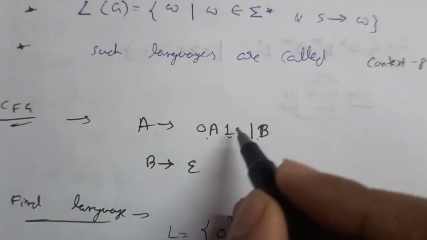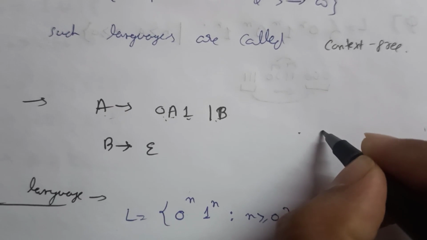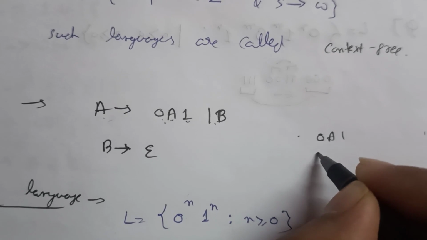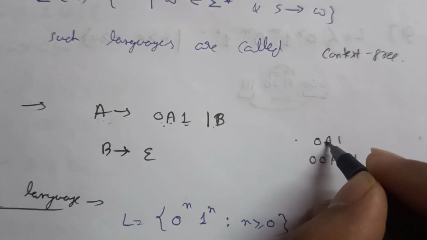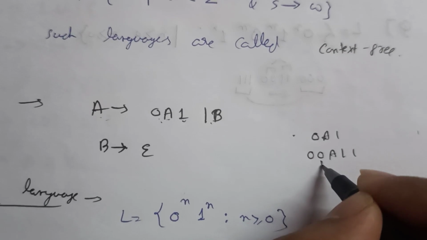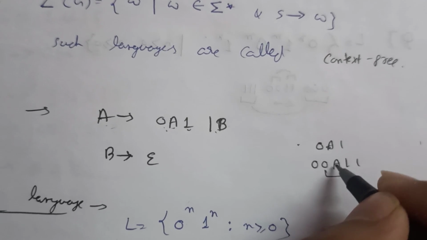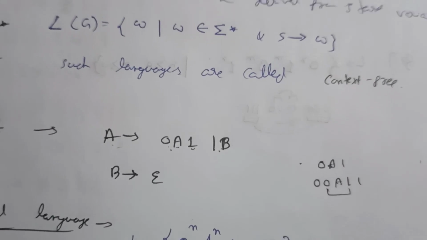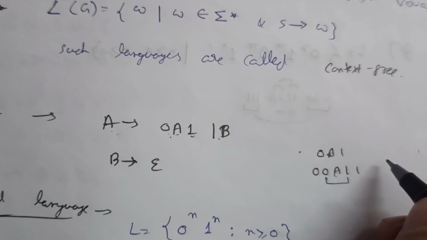This A is growing recursively. From 0A1 it will again become 00A11. So A is growing with a 0 on the left, a 1 on the right, and another A in the middle. Again the middle A will also bring more zeros on the left and ones on the right.